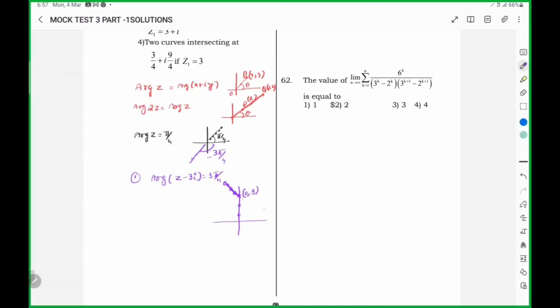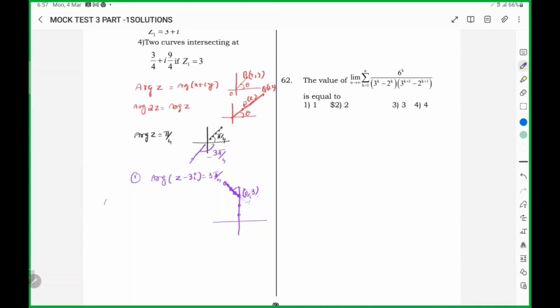Now, if you take these points, what happens? 3 pi by 4. Take these points, you get minus pi by 4. So those points are away from 0, 3.